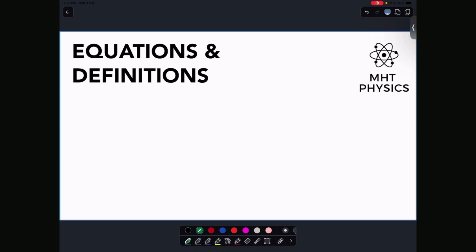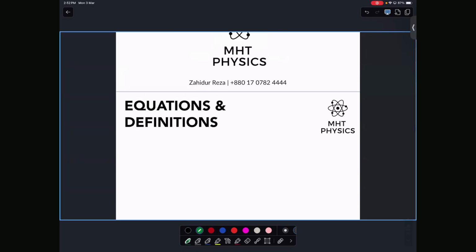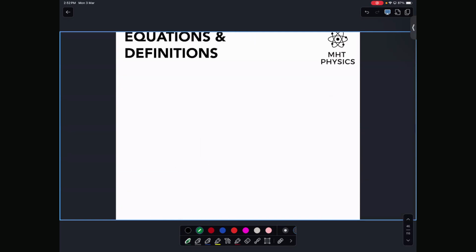Okay, let's start with definitions. Definitions, there's no escape in this. You have to tell the definitions. Right, so I will start with definitions. Thermal physics and ideal gases. It's just thermal physics.